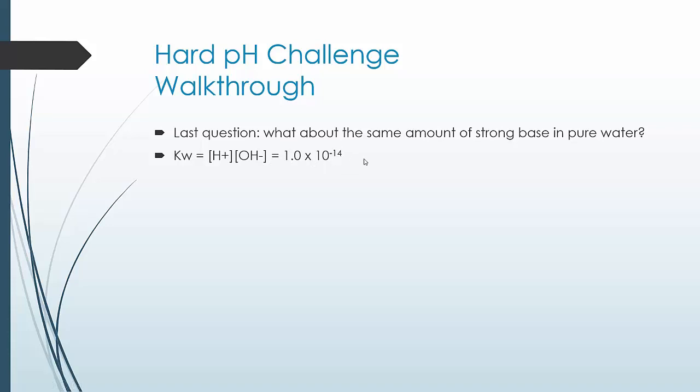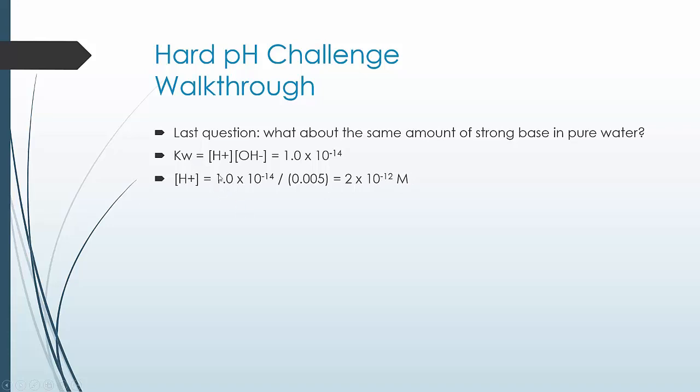We can use the concentration of strong base we already calculated, and we'll simply rearrange this. The concentration of proton is equal to 1.0 times 10 to the minus 14 divided by the concentration of hydroxide. By doing this rearrangement, you get 2 times 10 to the minus 12 molar protons in the solution.